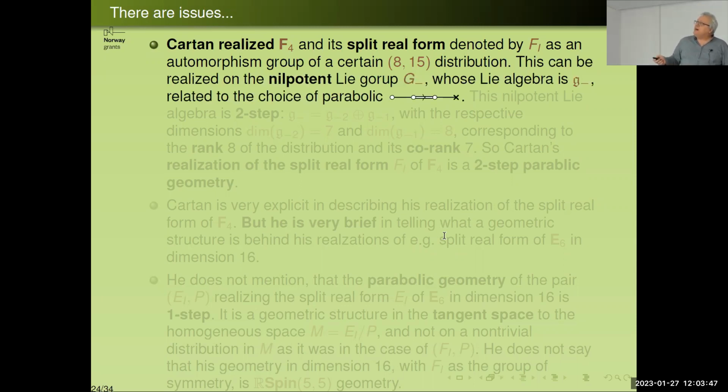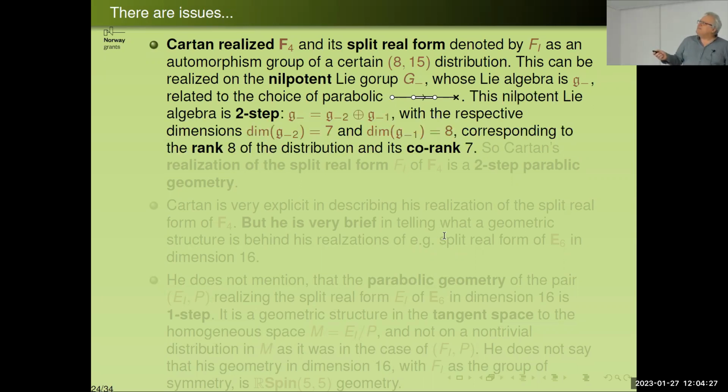This can be realized on the nilpotent Lie group G minus. If you take the gradation corresponding to this F4, and take the Lie group G minus such that its Lie algebra is G minus, then on this 15-dimensional nilpotent Lie group there is a well-defined distribution, which is precisely the Cartan distribution with symmetry F4.